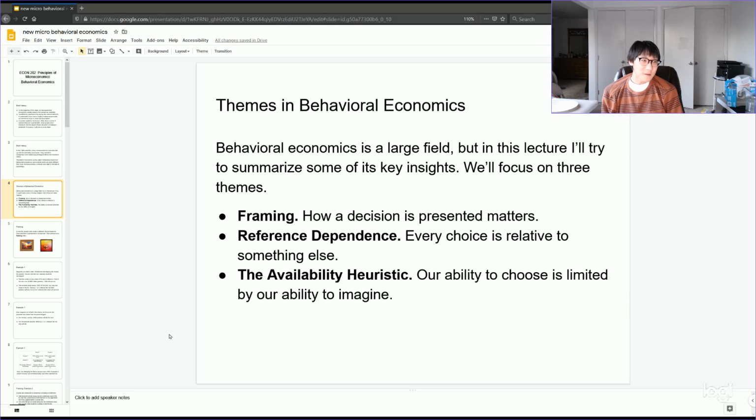And finally, and perhaps this is the most important one, there is something with a weird name called the availability heuristic. That basically captures the idea that our ability to choose is limited by our ability to imagine those choices. We're going to talk in a lot more detail about each of these subjects in the subsequent videos.